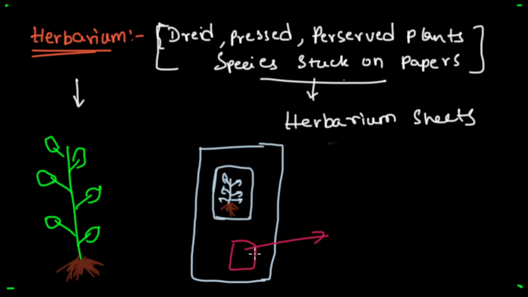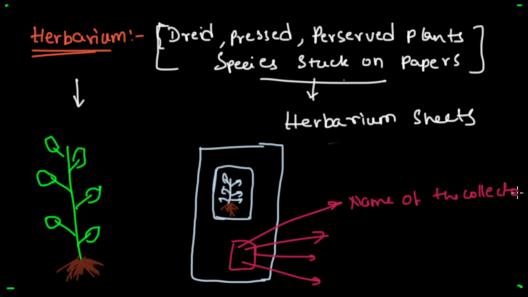What does this label consist of? This label consists of much information. It consists of the name of the collector. It consists of the vernacular name, or you can say local name. It consists of the English name.